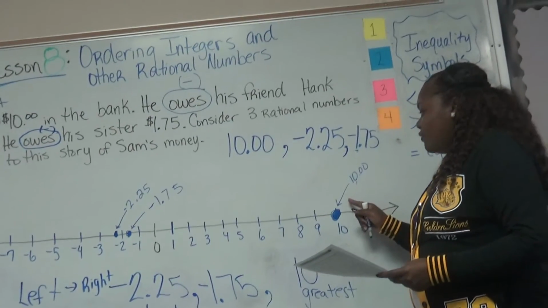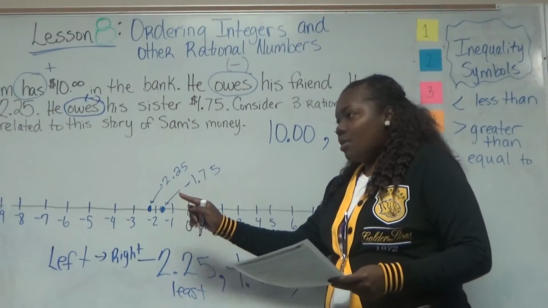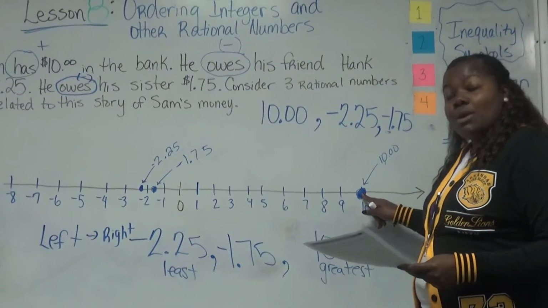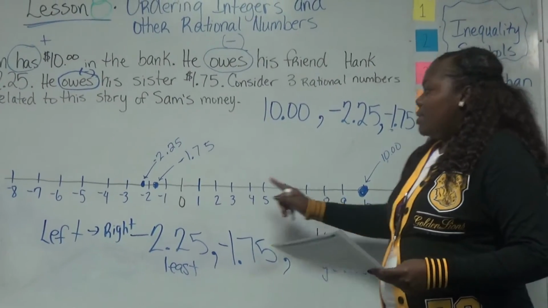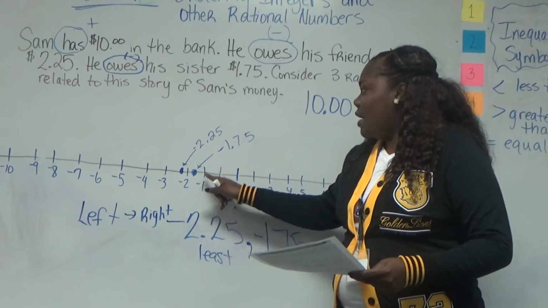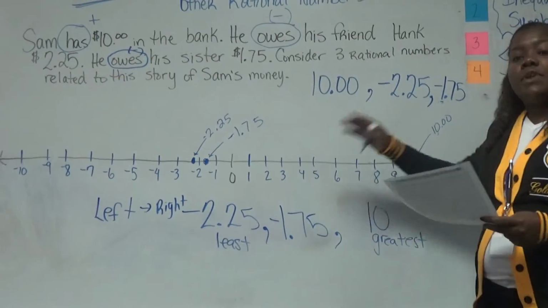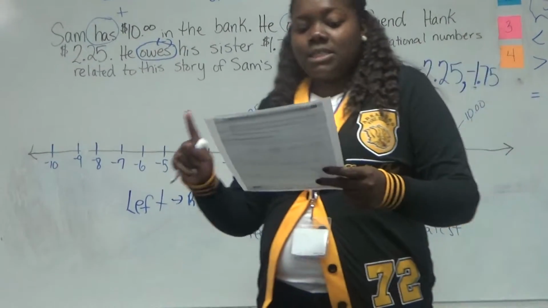Yep. So you pull them down from the right side, and then everything else in order would be from greatest to least. So pull this one down first if I wanted to go greatest to least. So it would be this number 10, and it would be negative 1.75, and then it would end in negative 2.25. Okay, you just go in reverse. So on example 2, you're going from greatest to least.